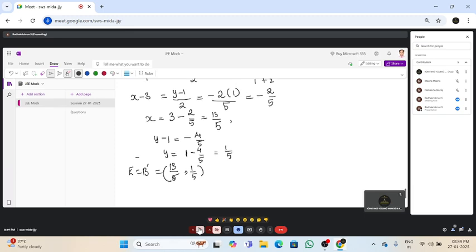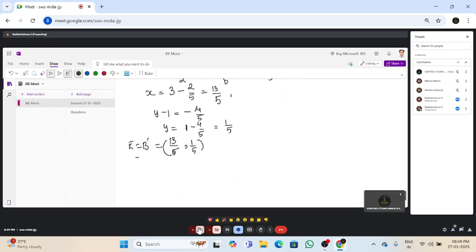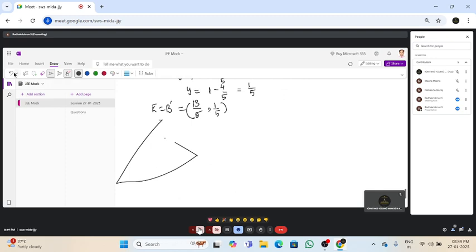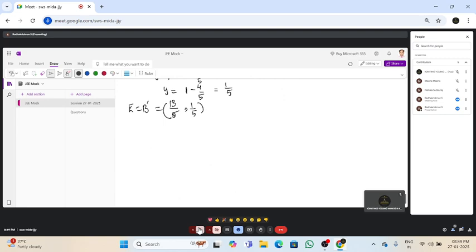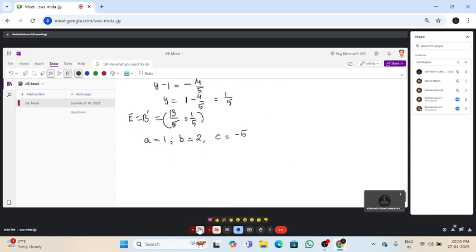Okay. So in this case, line A, B, C is same because that comes from the line. A equal to 1, B equal to 2, C equal to, that's the same, minus 4.